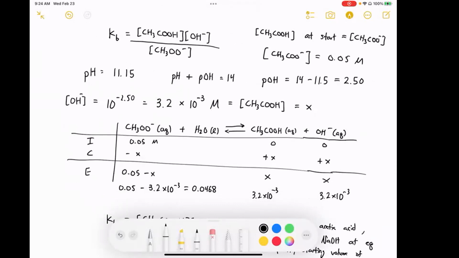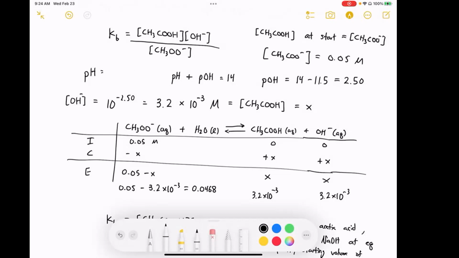I might have done it past the equivalence point. So maybe my pH shouldn't be 11. Maybe my pH should be around 9. So let's change that up a bit, because having 11 seems a little bit too much.